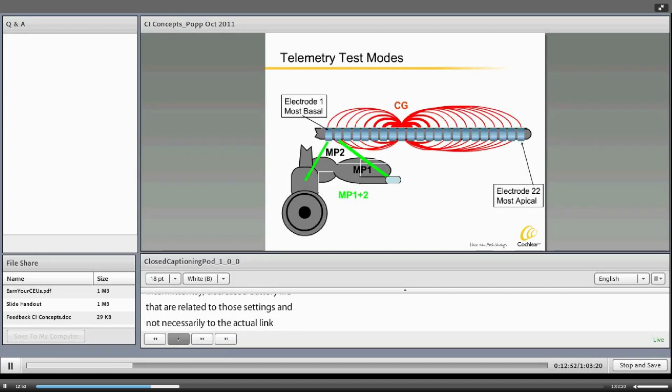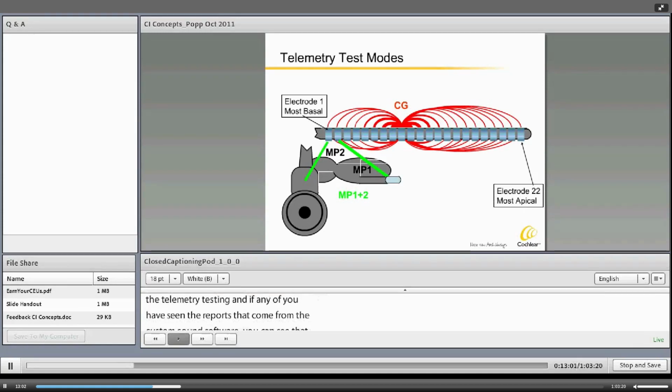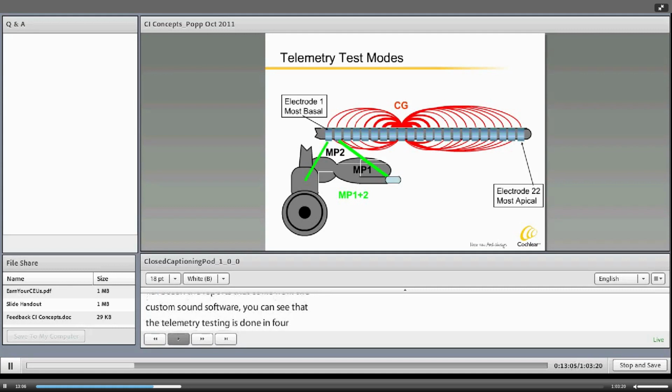When we do the telemetry testing, and if any of you have seen the reports that come from the custom sound software, you can see that the telemetry testing is done in 4 different modes. And we have a schematic of the electrode on this slide where these are the intracochlear electrodes, the 22 electrodes that are in the cochlea.